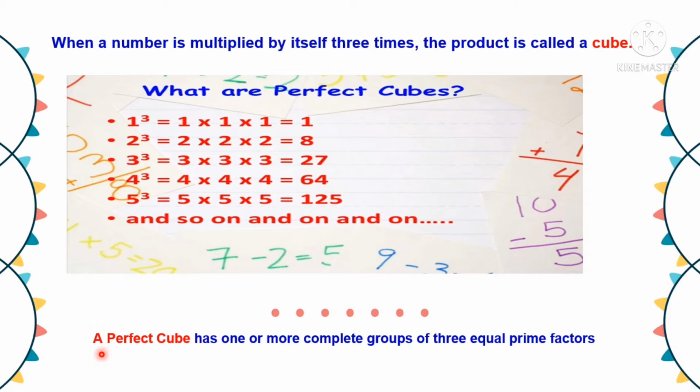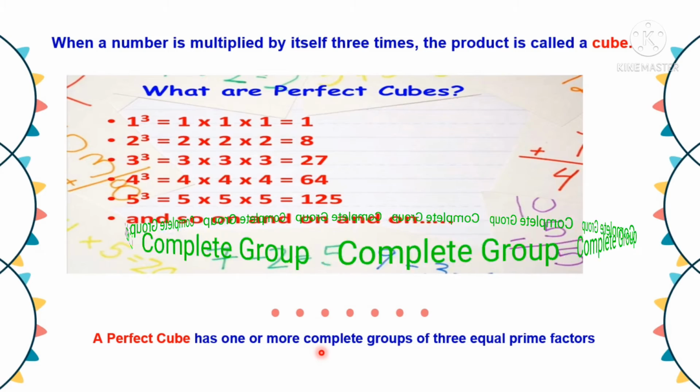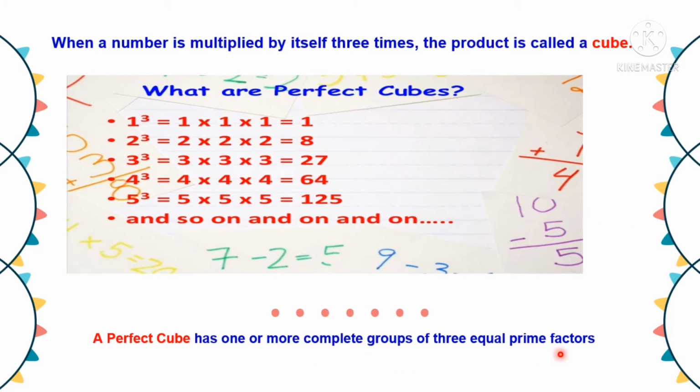Now, what is a perfect cube? A perfect cube has one or more complete groups of 3 equal prime factors, like we did in my previous videos about perfect squares. In perfect squares, we had complete groups of 2 equal prime factors. But in a perfect cube, we have groups of 3 equal prime factors.